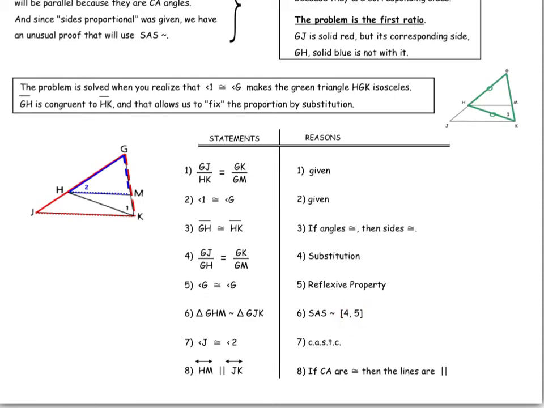Now that the triangles are similar, I can say angle J is congruent to angle 2, my corresponding angles. And I say that corresponding angles of similar triangles are congruent. And I finally get to my conclusion that HM is parallel to JK, and this is where I mentioned that the two angles that were corresponding angles in the similar triangle are actually a different kind of corresponding angles that make lines parallel.